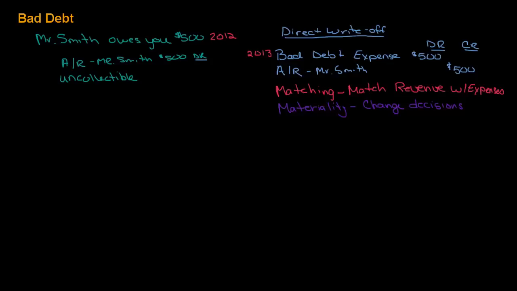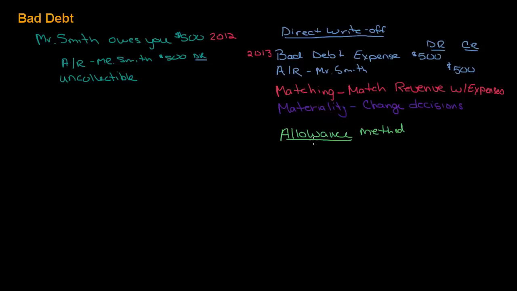So the second method that we can use is called the allowance method. And in the allowance method, what we're going to do is create an allowance so that if we have bad debt, okay, if we have write-offs, we're going to take them out of this allowance.